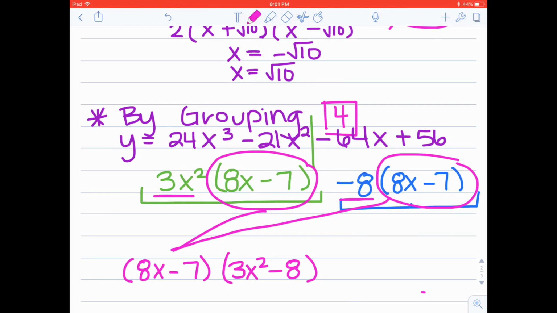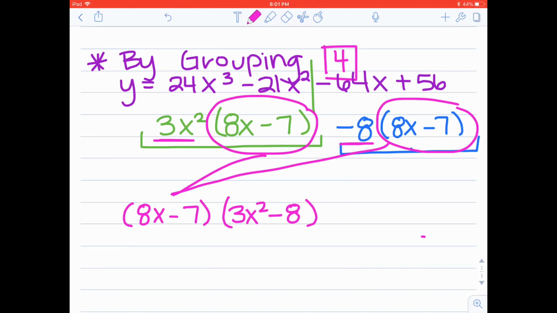All right, my first set of parentheses is ready for me to solve. X equals +7 divided by 8. My second set of parentheses, I'm going to go ahead and factor using difference of squares. So I'm going to have two sets of parentheses, one with a plus, one with a minus. The square root of 3x squared is going to be the square root of 3 times x.